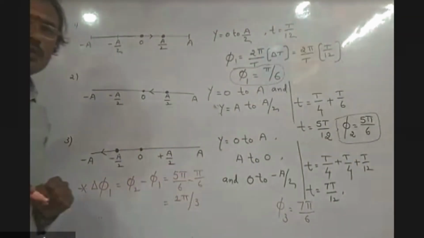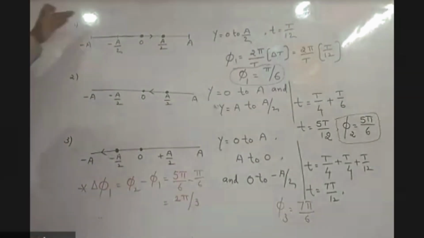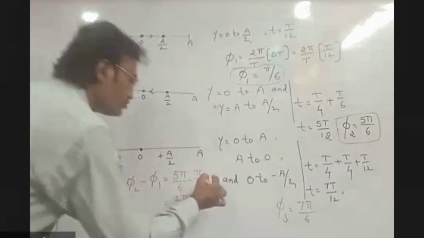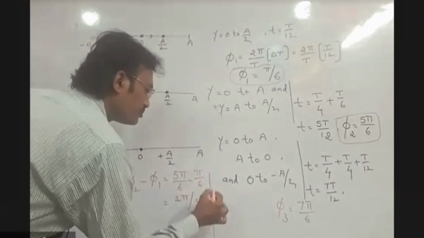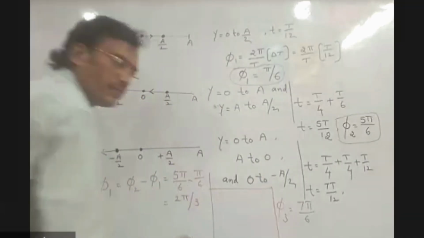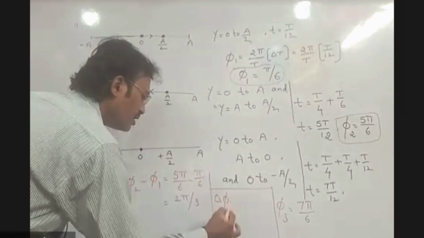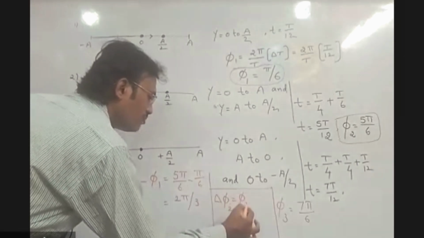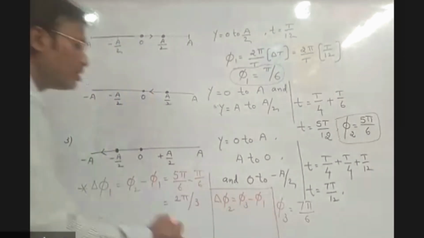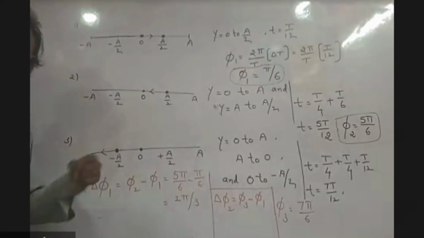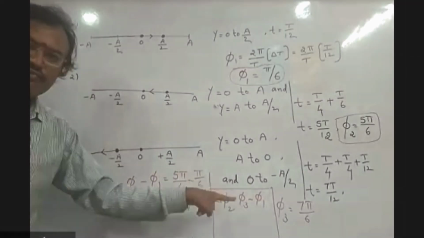Then what is the phase difference between 1 and 3? We are taking delta phi 2, which is nothing but phi 3 minus phi 1. In between 1 and 2, it is phi 2 minus phi 1. In between 1 and 3, it is phi 3 minus phi 1.